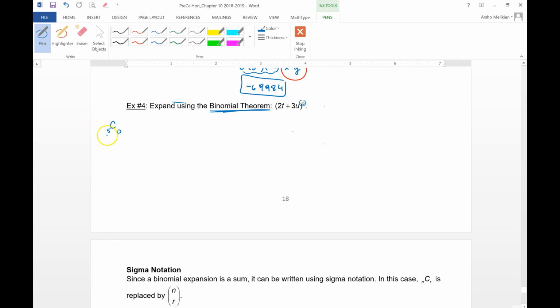And now with each term, n stays the same, but r goes from 0 up to 5.